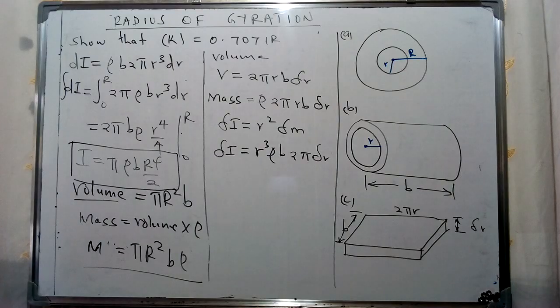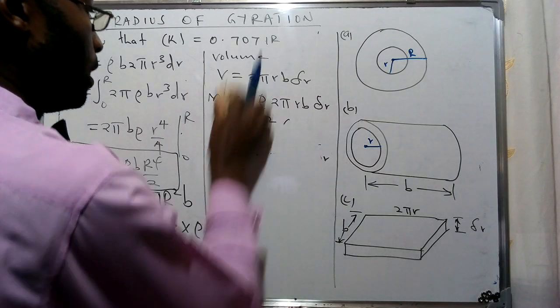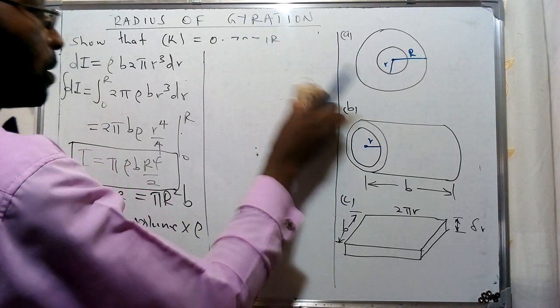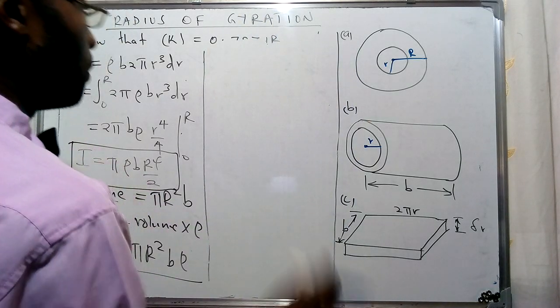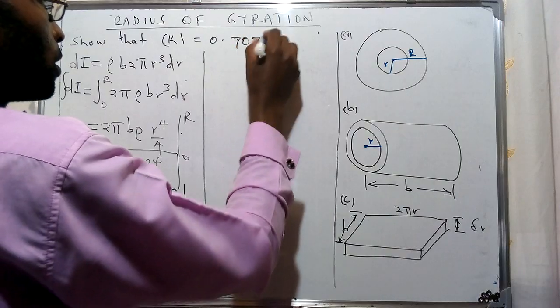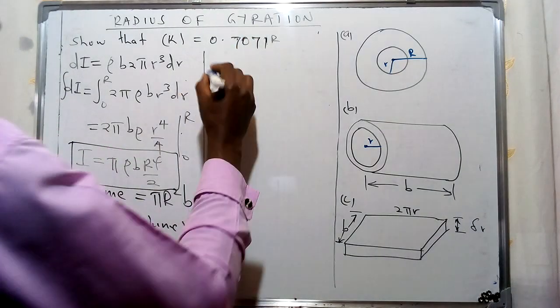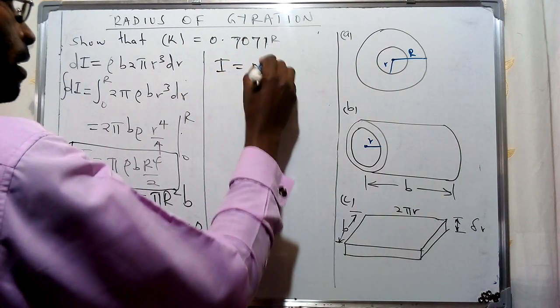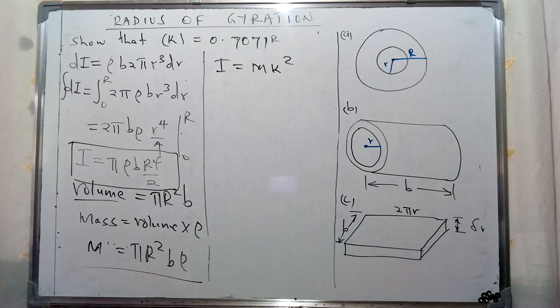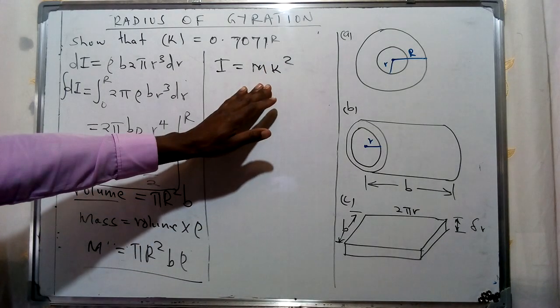Now, from our previous discussion, in our introduction to the radius of gyration, I had given a particular representation for the concept of the moment of inertia, which is m times the square of k, whereby k forms the radius of gyration.